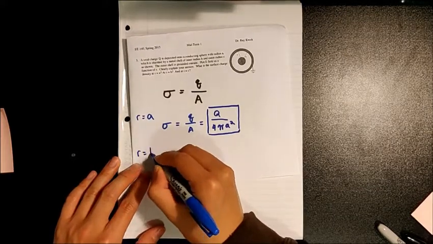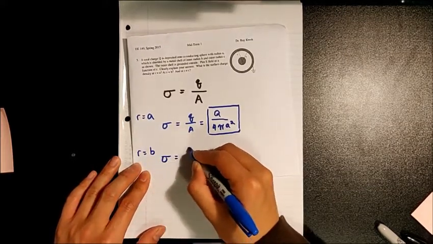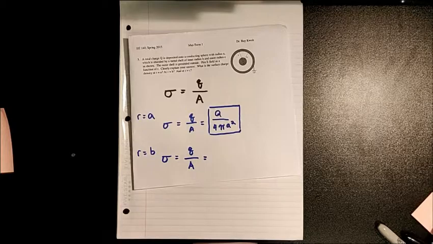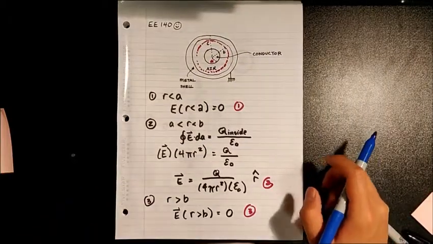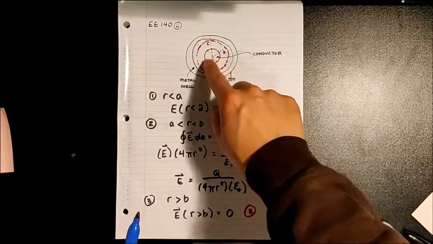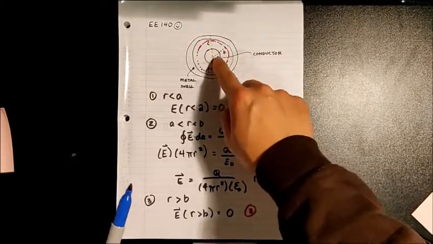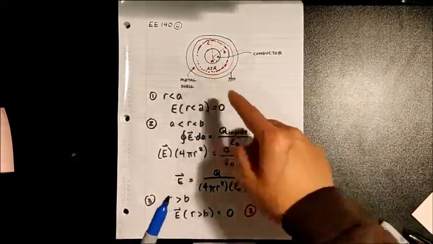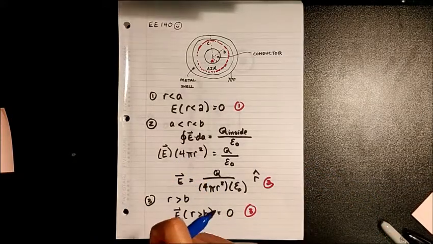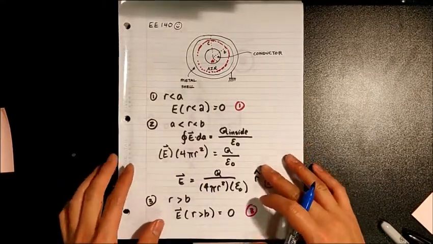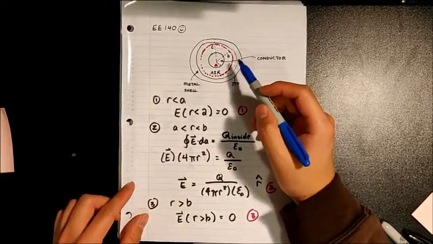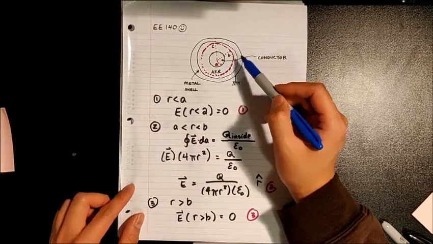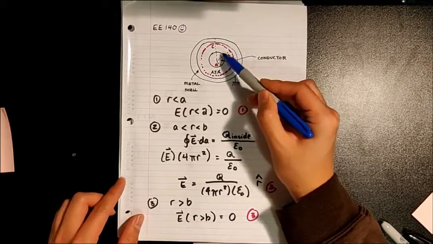At R equal to B, we use the same formula again, Q over A. But this time, what would our charge be? Well, if you think about this, since we know that at this surface it is a charge of Q, that means at this surface right here, since opposites attract, it will be negative Q. You can think about it as the positive charges on the inner sphere attracting the negative charges from this point to here.